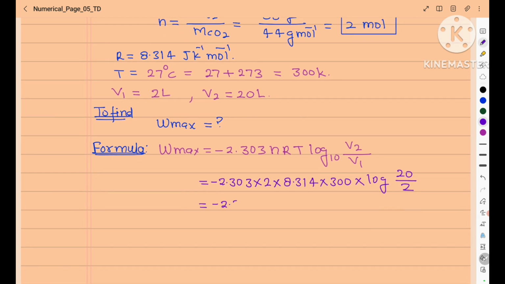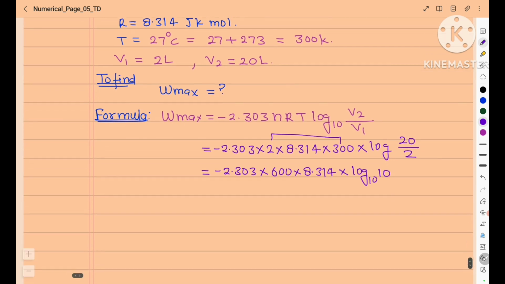So minus 2.303 into 600, we have to multiply 2 into 300, 600 into 8.314 into log base 10 of 10.